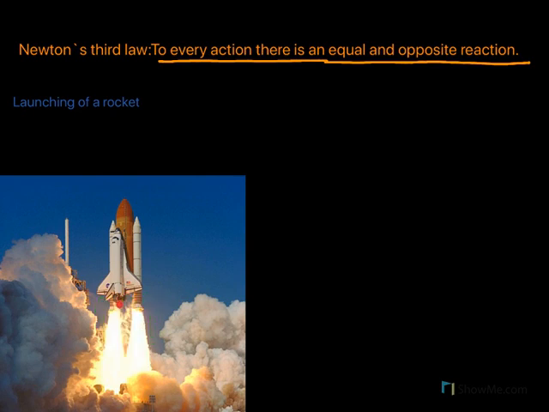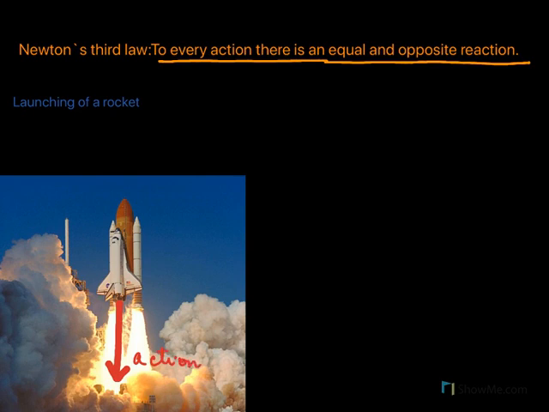So to repeat it again, here we have a downward force, and how is this downward force produced? By the gases that are burnt in the fuel tank and are expelled out in the downward direction. So this is the action.